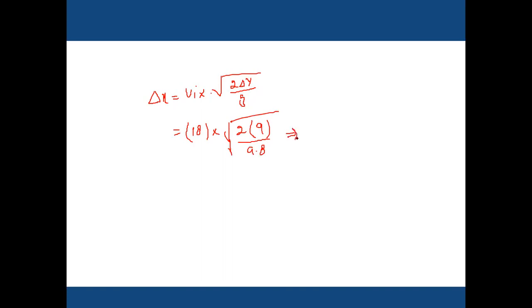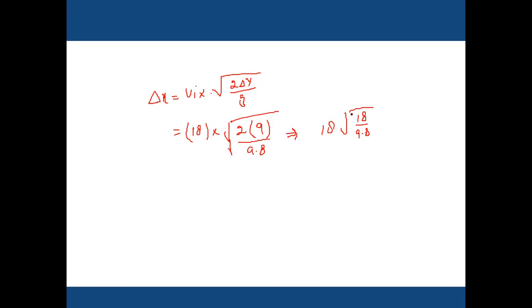Yes, excellent. So 18, then we have 2 times 9 equal to 18, divided by 9.8. 18 divided by 9.8, then square root value. Under the square root, then you can multiply with 18.